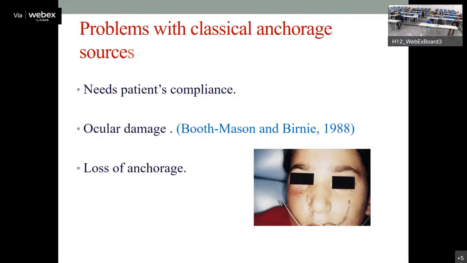Although later on, some safety measures were introduced to the headgear, like the nighttime lock and the caterpillar effect of the elastic chains applied to the headgear, but still the main problem is patient compliance.